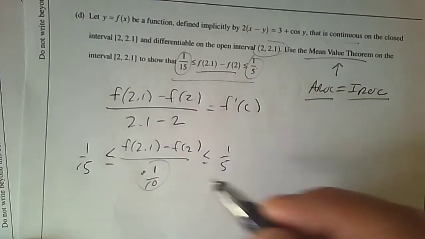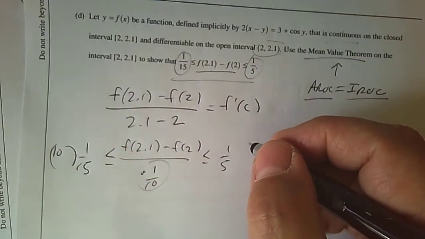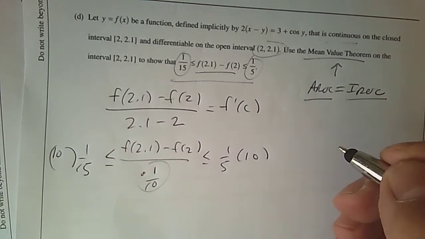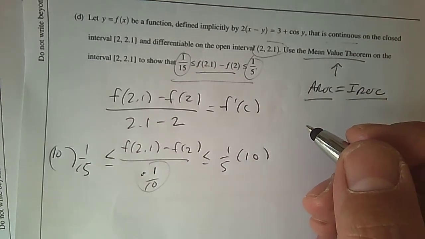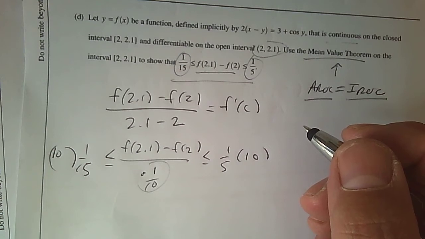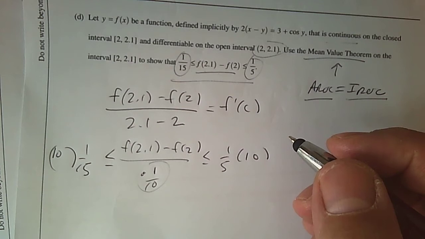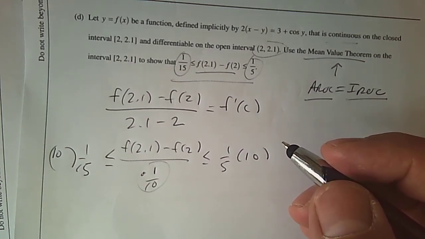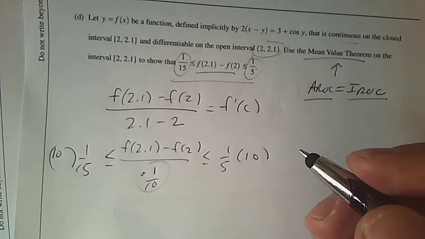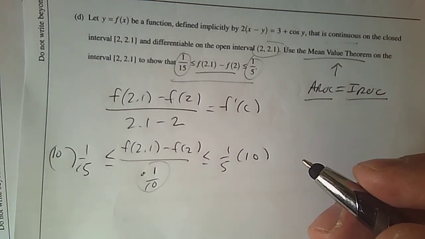And if I want to undo it, I could just multiply everything times 10. From 2/3 to 2.